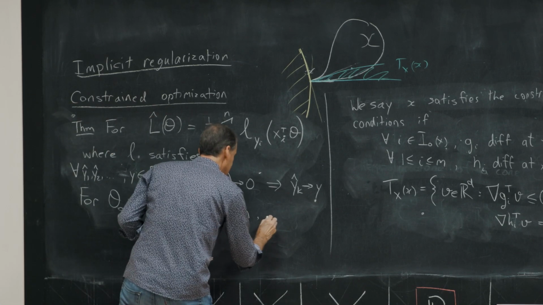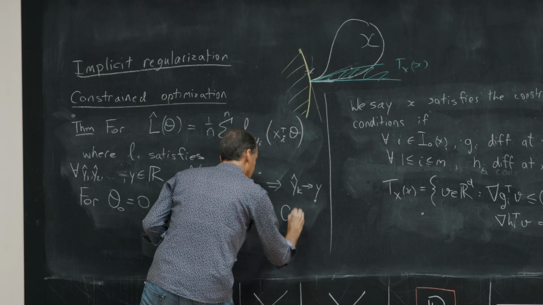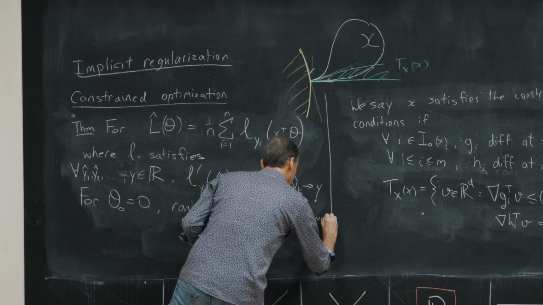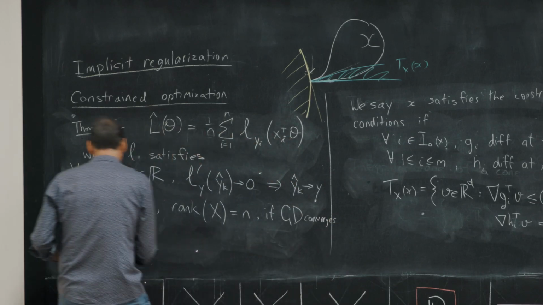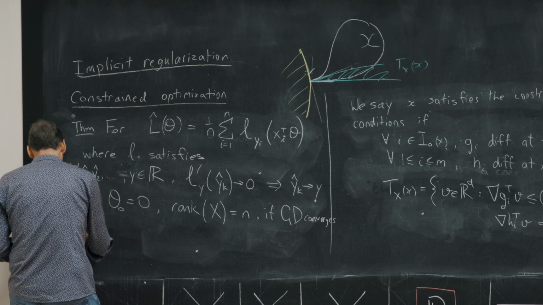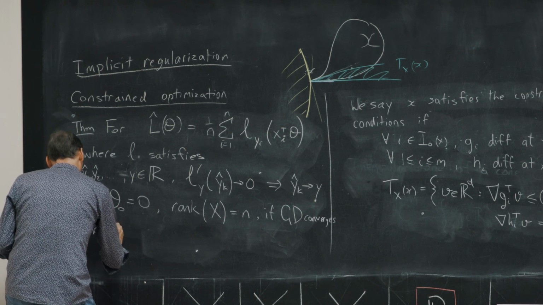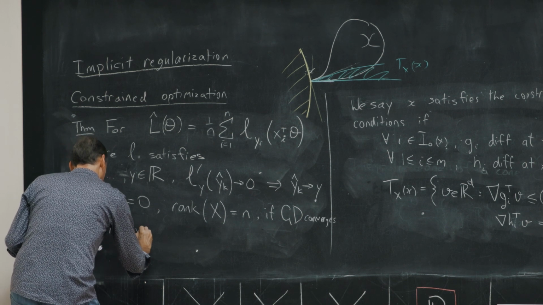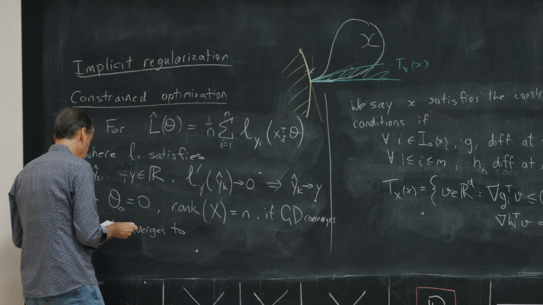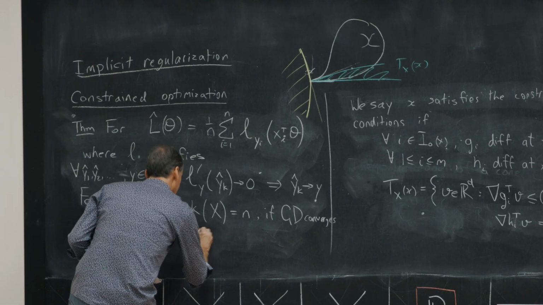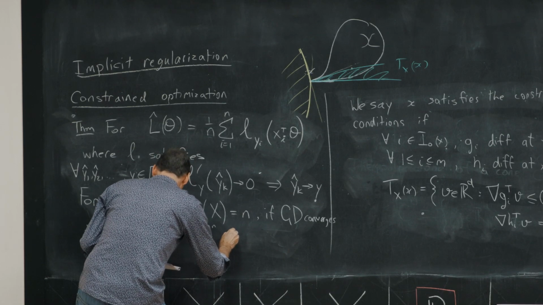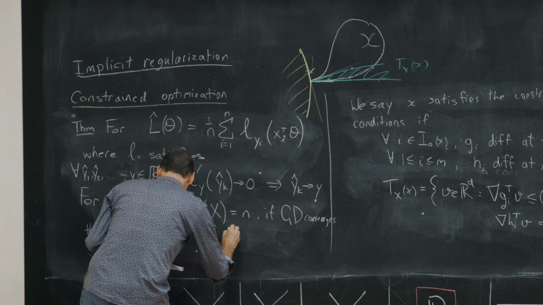If gradient descent converges, then it converges to the solution to the min norm interpolation problem.